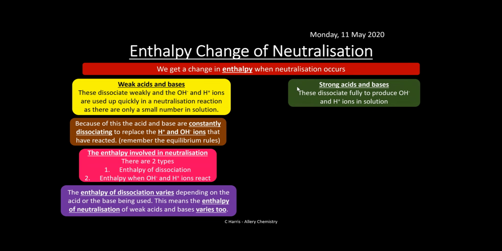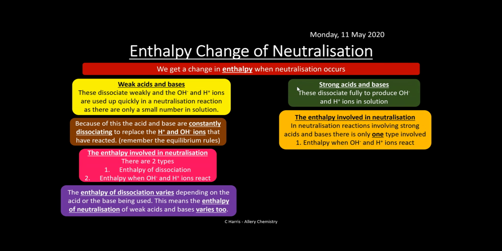So let's have a look at strong acids and bases. We looked at the weak acids and bases, now let's look at strong acid-base reactions. These dissociate fully, and they produce OH- ions or H+ ions into solution quite readily, there's a lot of them there. In neutralisation reactions involving strong acids and bases, there's only one type of enthalpy involved, and that is the enthalpy when the OH- and H+ ions react.